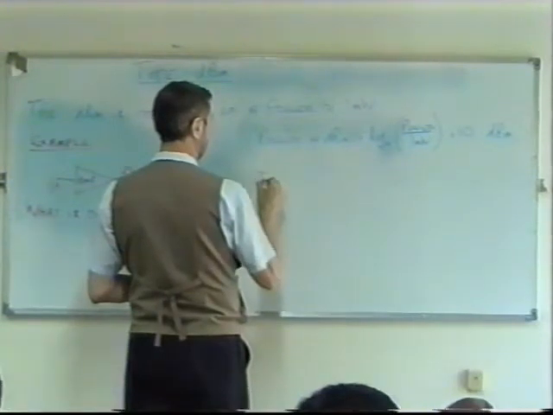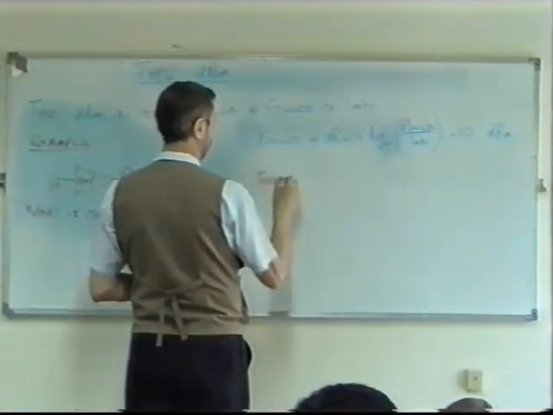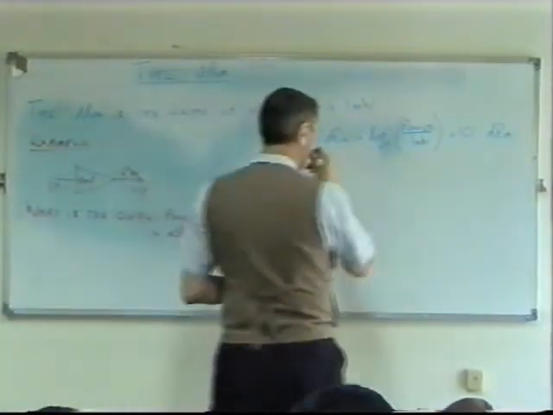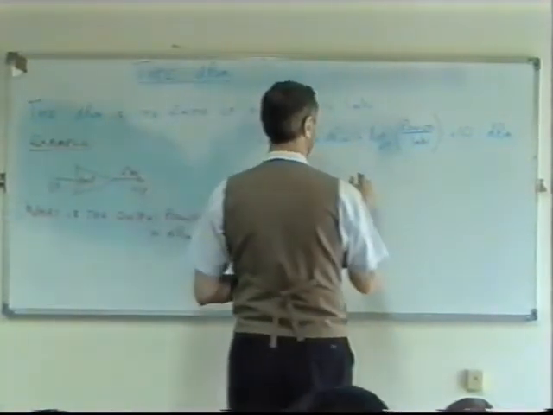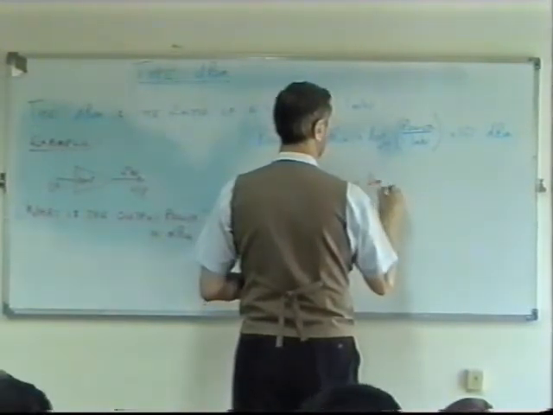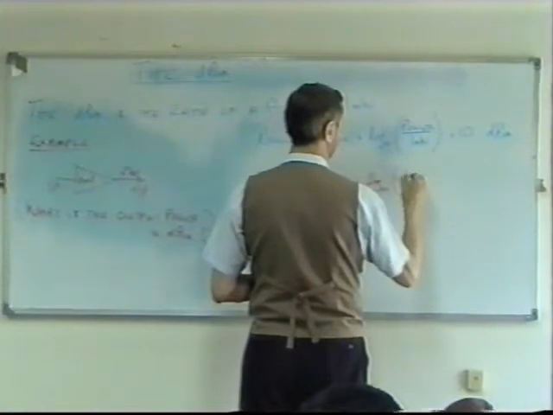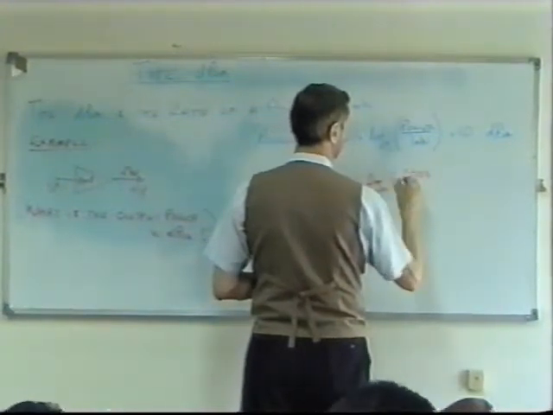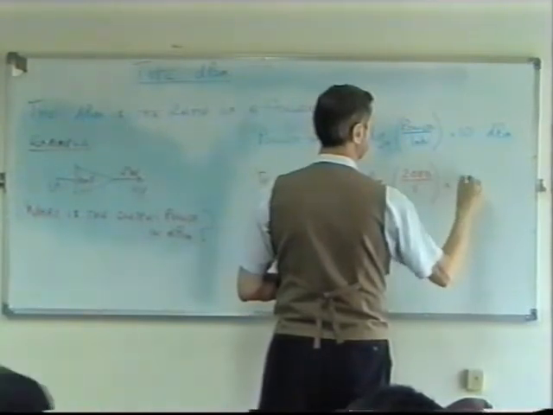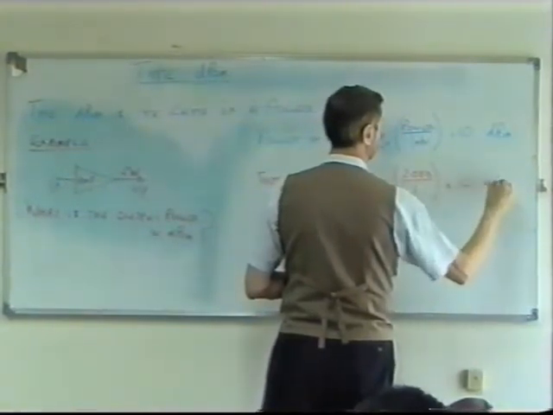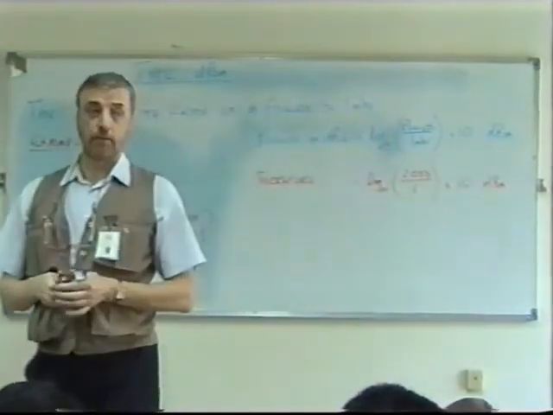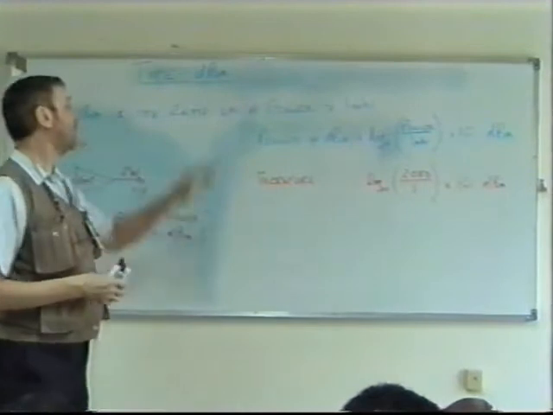If we put the figures in for this example, we can say therefore... The little m at the end reminds you that we're dealing with the ratio of power to 1 milliwatt.